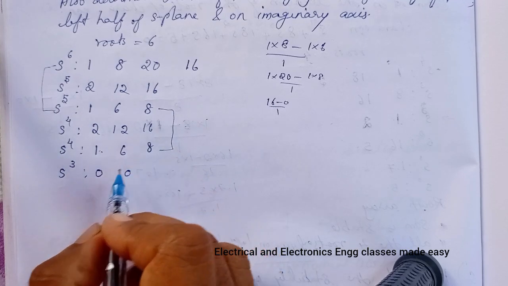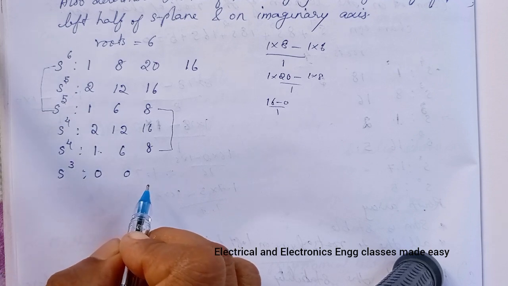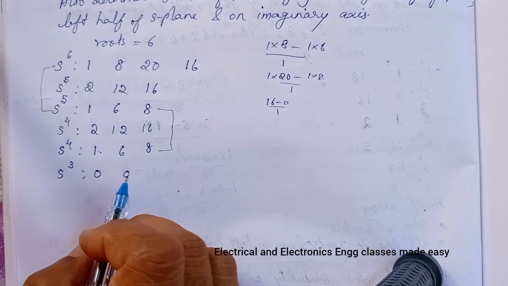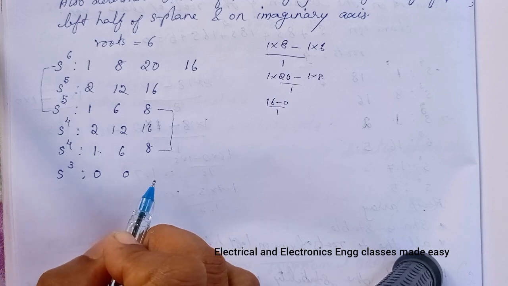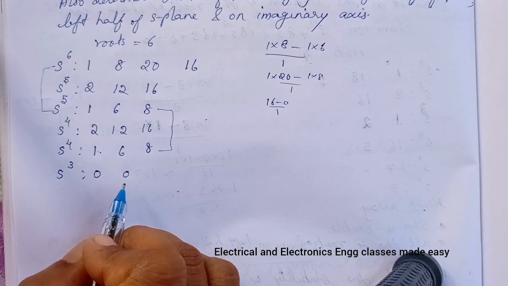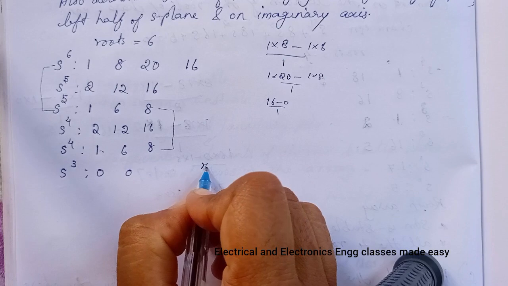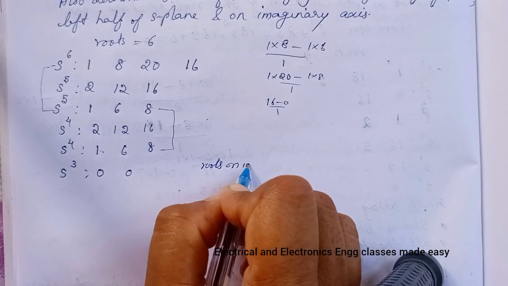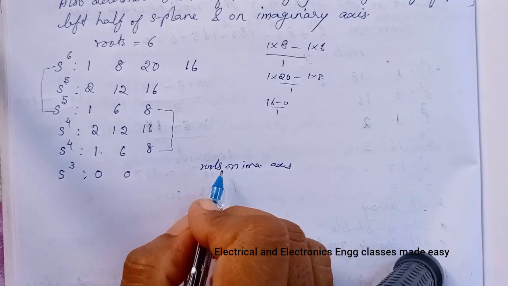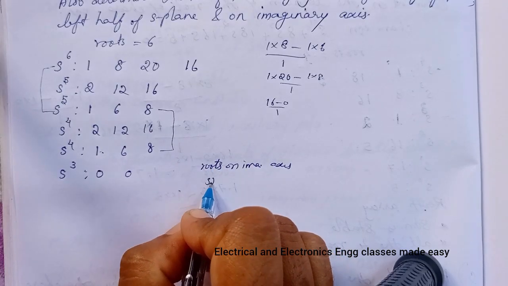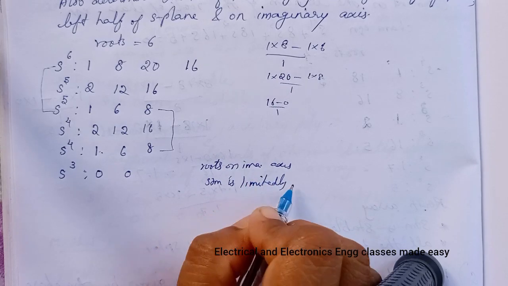So here s raised to 3 elements are 0. That is, the row with all 0 indicates the possibility of roots on imaginary axis. So there will be roots on imaginary axis. So we can conclude that the system is limitedly or marginally stable.